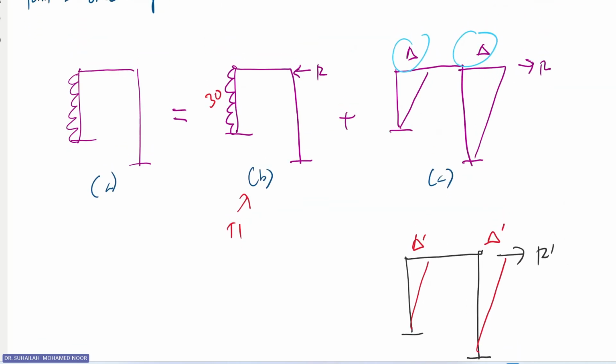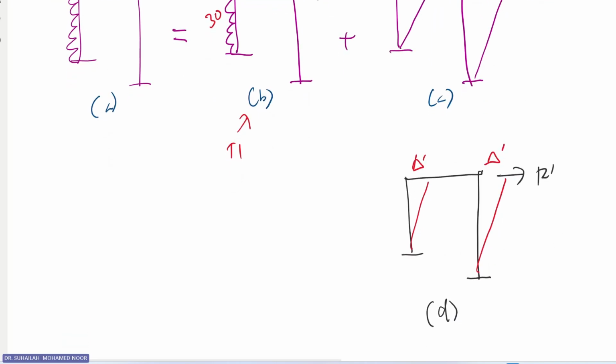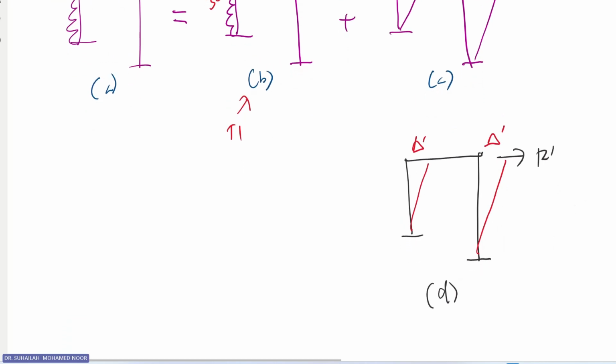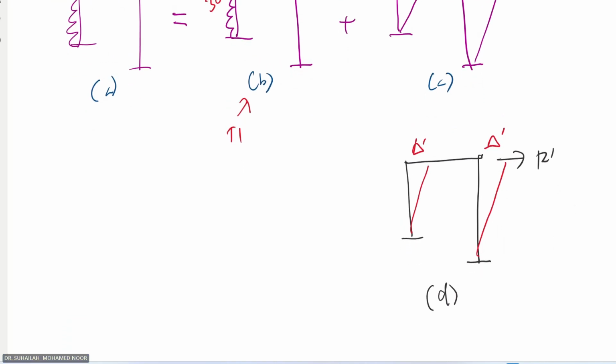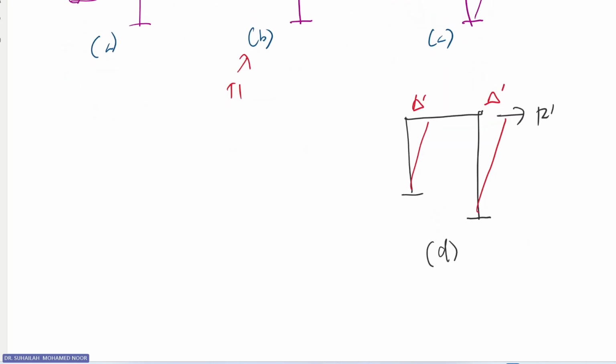And the moment for diagram D is M prime. So everything related to diagram D, we put prime: R prime, delta prime, M prime.